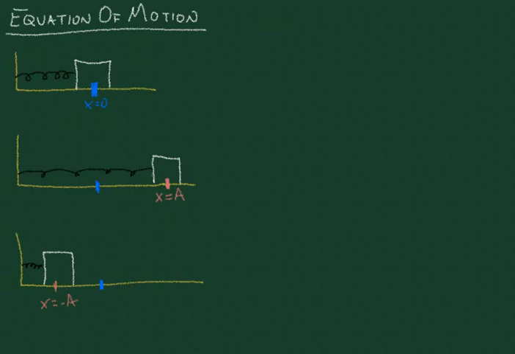It's going to be moving faster as it's closer to the equilibrium point and slower on the sides. And so we do this enough times that we see that we can actually write an equation, and that equation is that x as a function of t is equal to a times sine omega t.